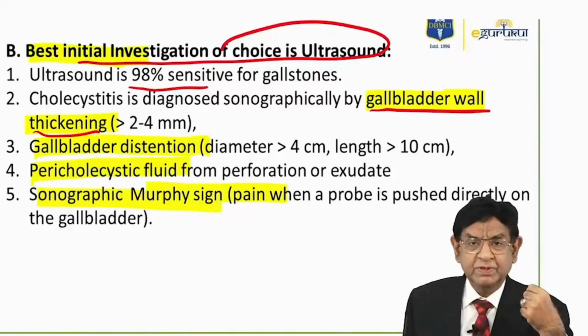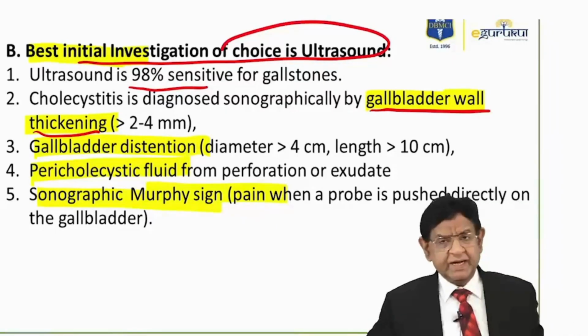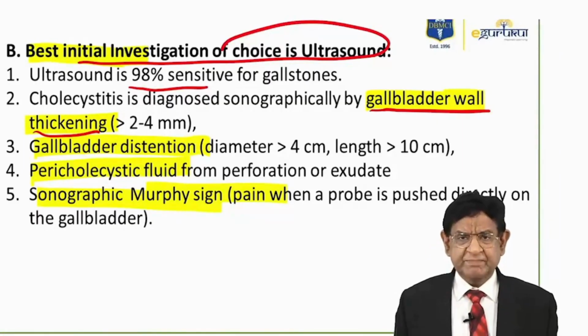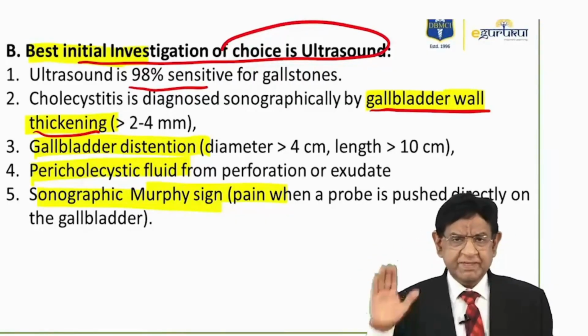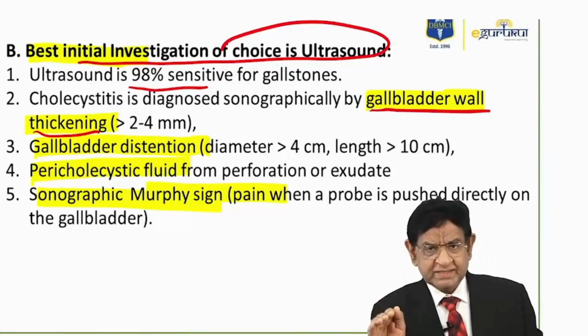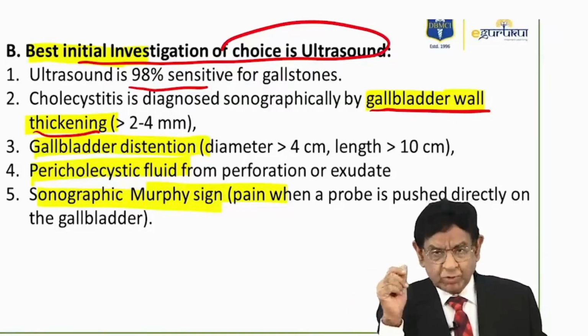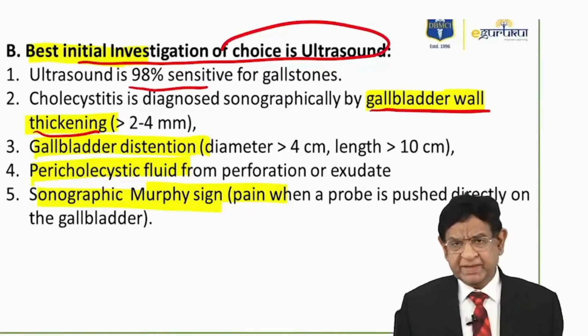You put a probe into the right subcostal area. You ask the patient to take a deep breath, and the probe is touching. That means whatever you are doing with the fingers in palpation, the same thing can be done by the ultrasound probe also. And you can see the patient jumping with pain.